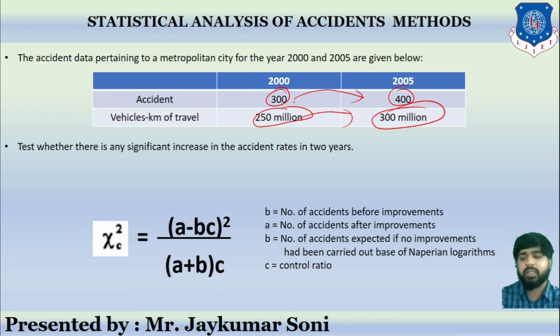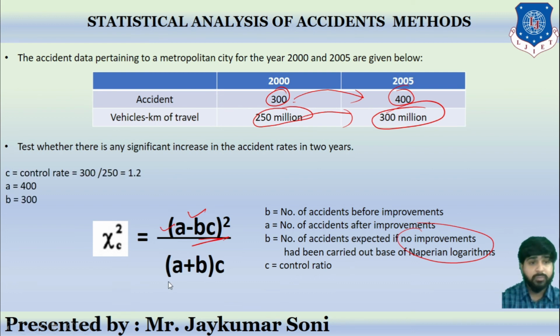So this is the equation that we will put. We know this equation. A means after improvement, B means before improvement, and BC means the assumption that if no improvements would be provided, then how many accidents would have taken place. And C stands for control ratio. Now control ratio means you have to divide this by this.